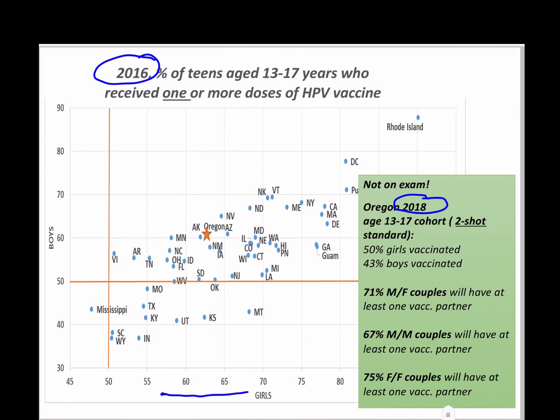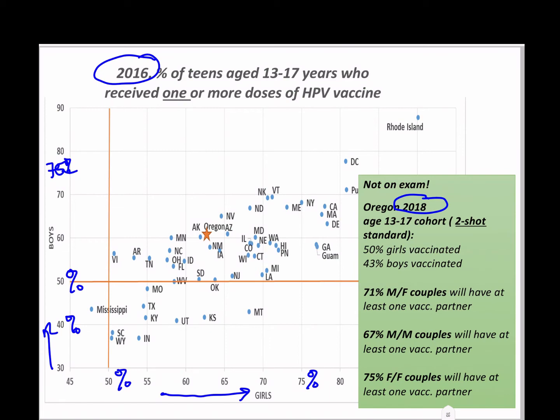So down here are the percentage of girls. So here's 50% of girls who've been vaccinated, 75% who've been vaccinated. And up here, boys: 50% of boys who've been vaccinated, 75% of boys who've been vaccinated, and 40% of boys who've been vaccinated. The amount of vaccination in 2016 widely varied between different states, and some of that's social, some of that's medical access.